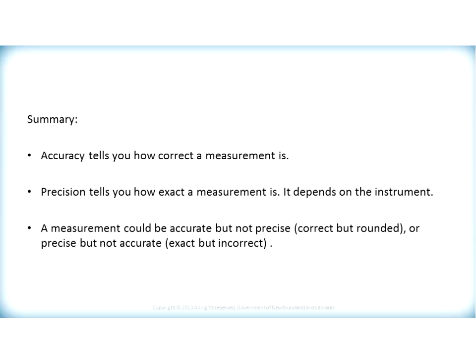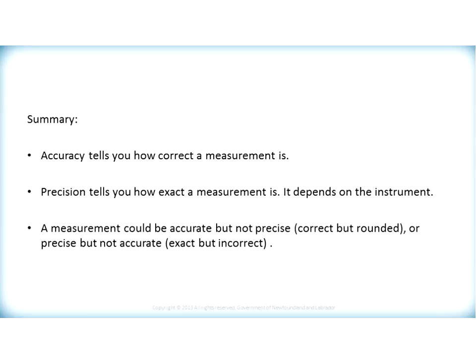And finally, a measurement could be accurate but not precise. In other words, it could be a correct answer but rounded, something like the 160 degree angle that we looked at, or maybe the 5 foot measurement for Karen if we round to the nearest foot. It could also be precise but not accurate.